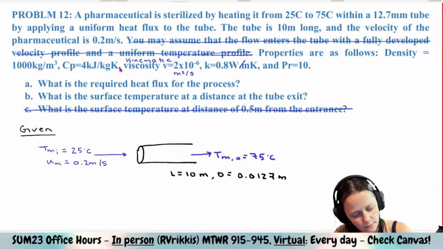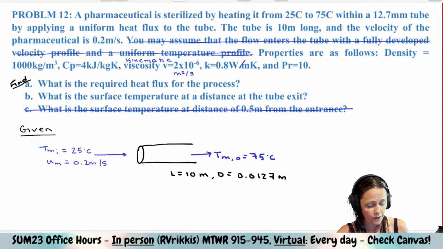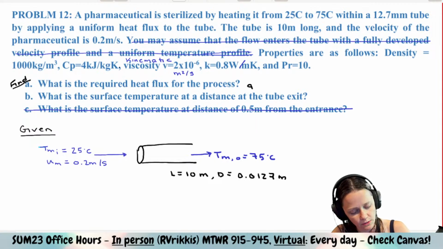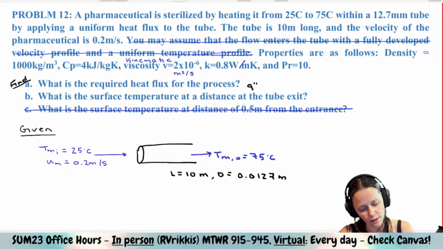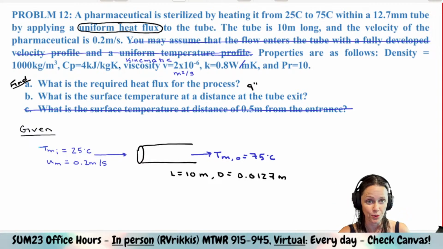Okay. And the things that we want to find: the required heat flux for the process. So that's this guy right here. And you'll see that they do say that it's a uniform heat flux, so we're going to use the appropriate equation for that.